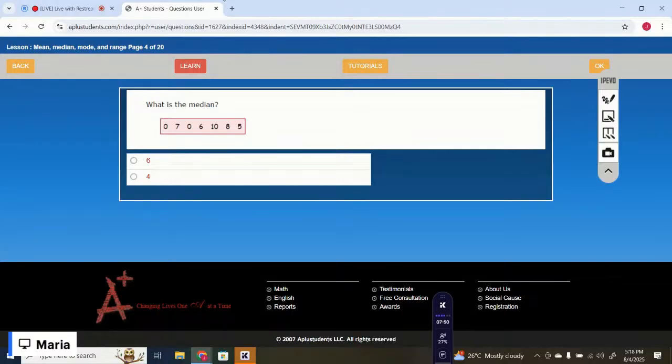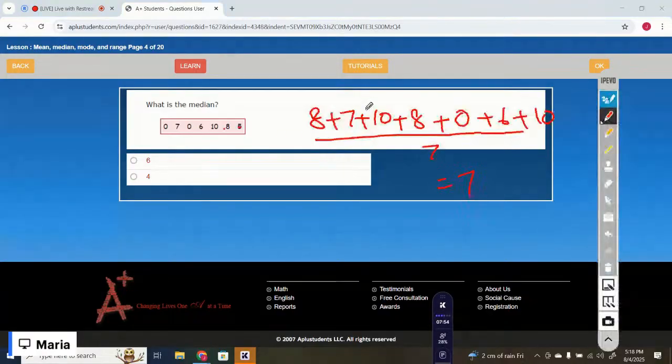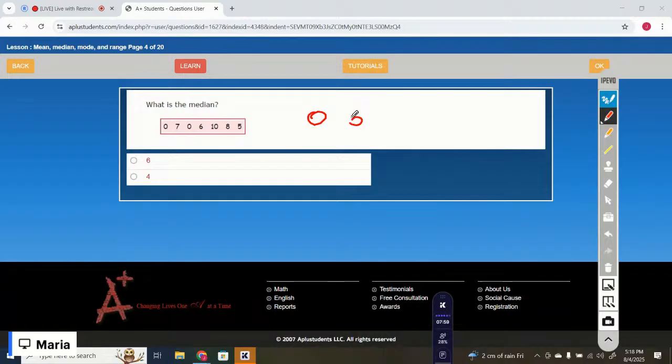What is the median? So let's just arrange them from least to greatest. That is 0, 0, 5, 6, 7, 8, and 10.